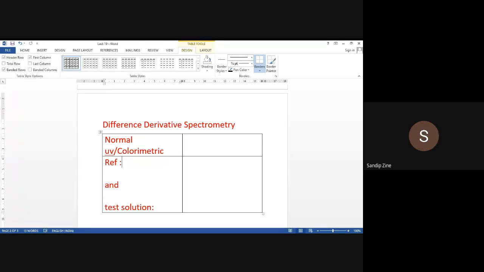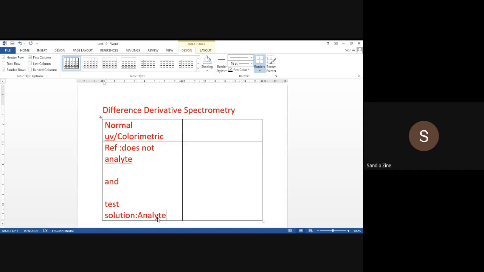So the reference solution doesn't contain the analyte, or whatever we are analyzing. If we are analyzing paracetamol, we are not taking paracetamol in that solution. We are taking only the solvent in which our drug is soluble or which we use for our UV analysis. And the test solution is showing the analyte.